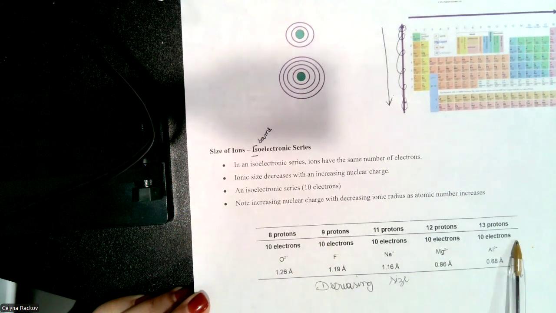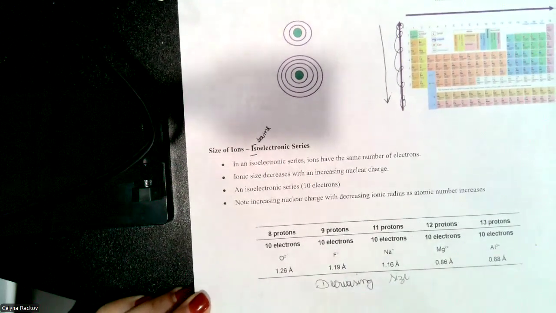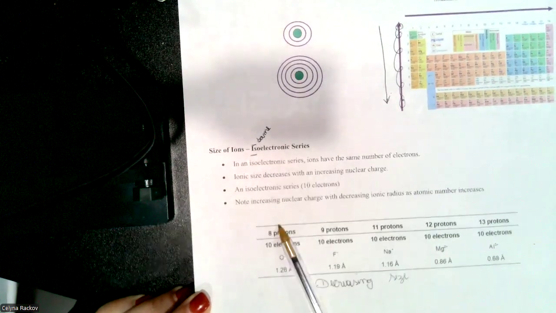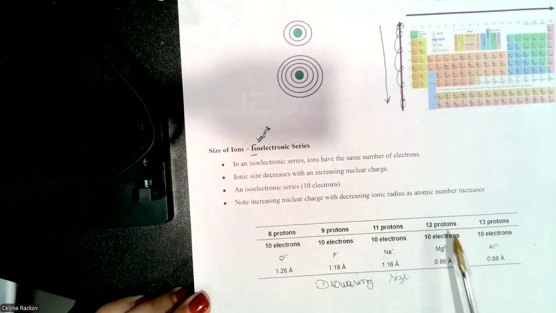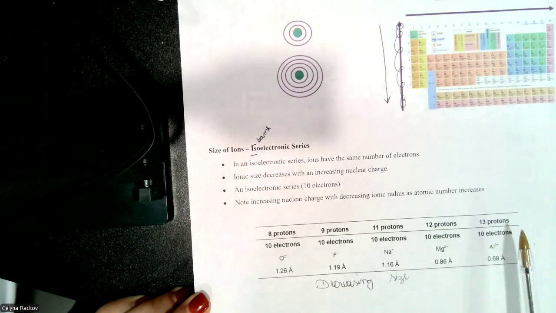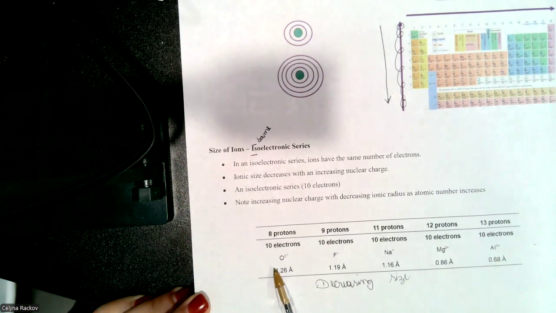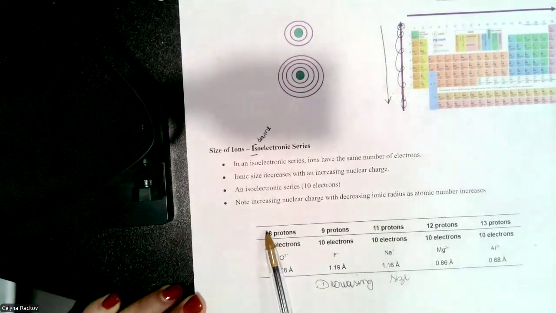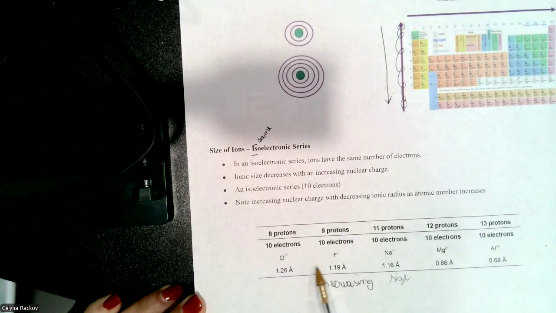But what changes here? They are different elements, so they have a different number of protons. Oxygen 8, fluorine 9, sodium 11, magnesium 12, and aluminum 13, right? So you can see here, when the atomic number increases, the size decreases.